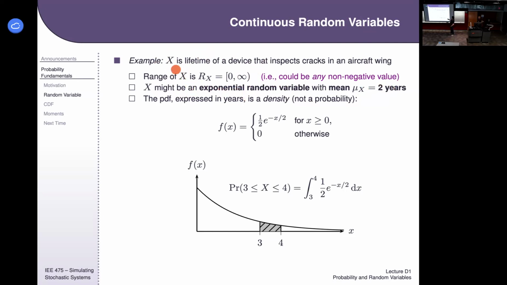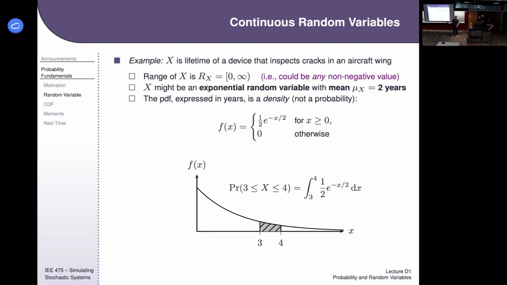So here we're saying that it could die at any time, but it also could live forever. And so the range of this random variable is the entire half line of the reals, including zero, from zero to positive infinity.